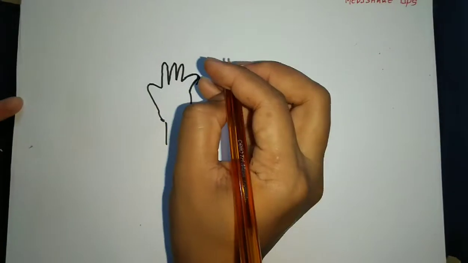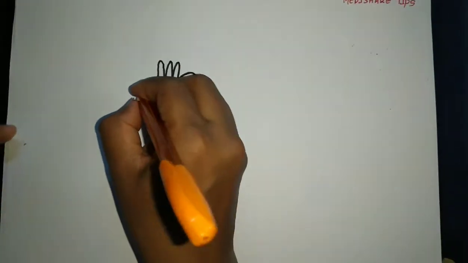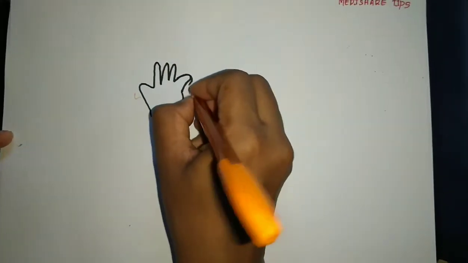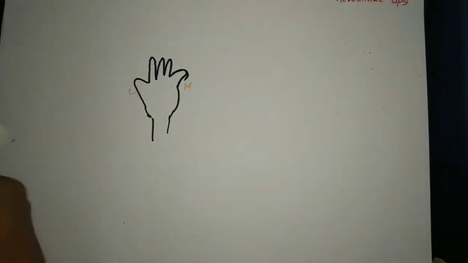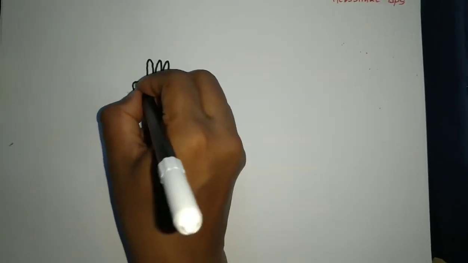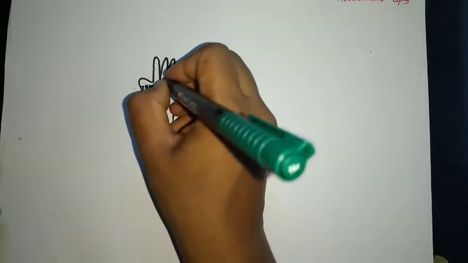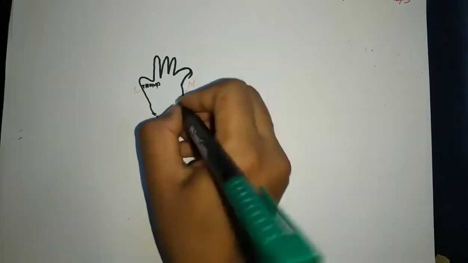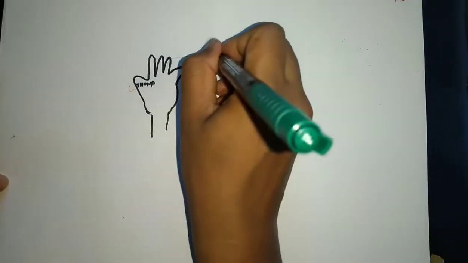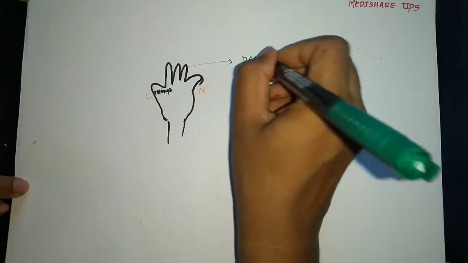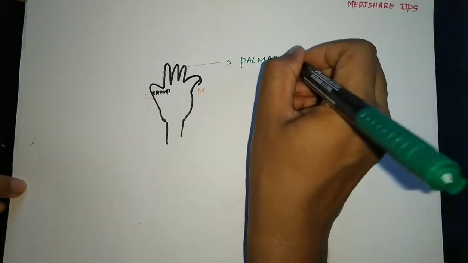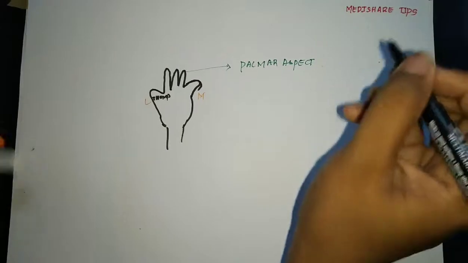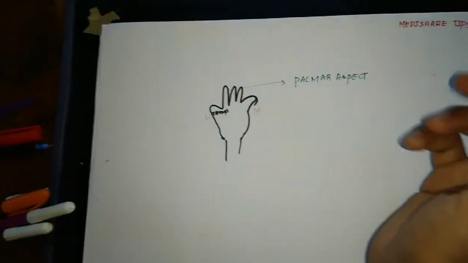This is the lateral aspect, this is the medial aspect, and this is the thumb. This is the palmar aspect of the hand.